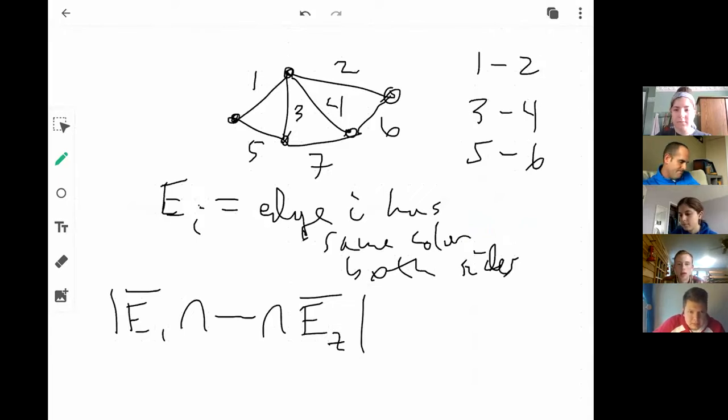Is that going to be n to the fourth? Yes. Okay. And then while we're in here, what's the size of E3? Oh man, is this just going to be pretty simple? So with the size of E3, what's that going to be?